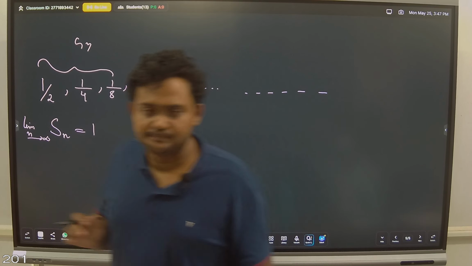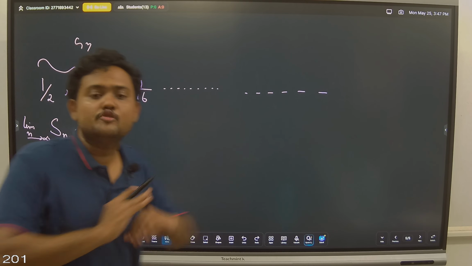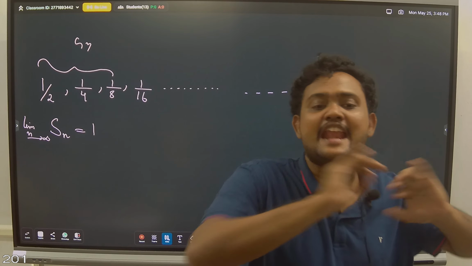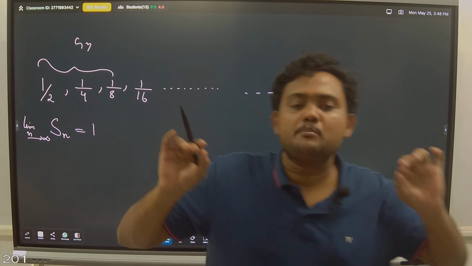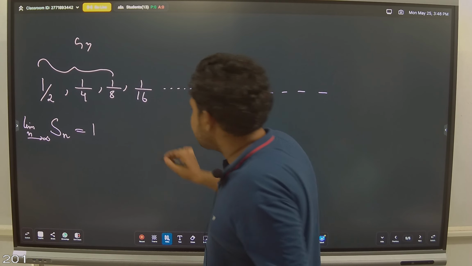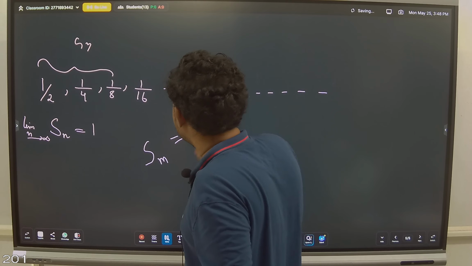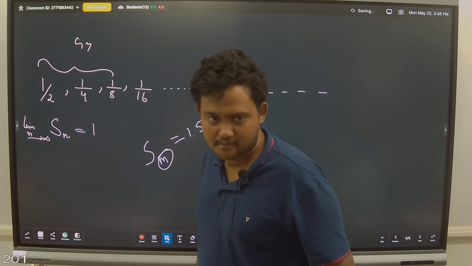What this essentially means is that if I take a value greater than 1, you will never be able to give me an n for which the sum of n terms gives greater than 1 value. If I say that I want Sm for some m to be 1.5, m does not exist, right?